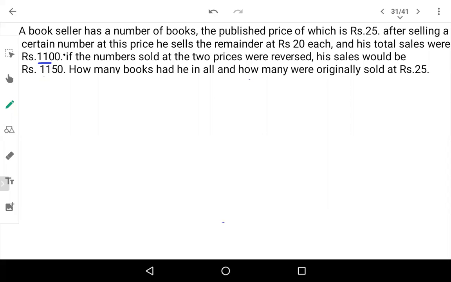So he will sell a few number of books at 25 rupees, and then he will reduce the price. He will reduce the price for the remaining books at 20 rupees. Now, what is the rate he is selling? He is selling at 20 rupees. Okay. And by doing this, he has gained the sales of 1100. So the total sales that he is seeing here is 1100.